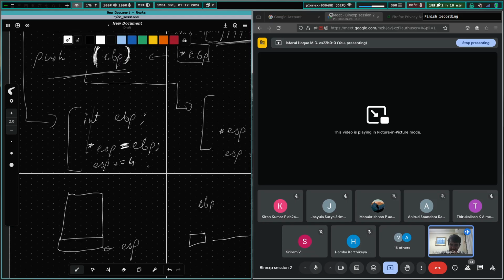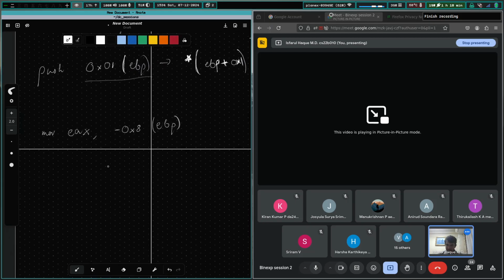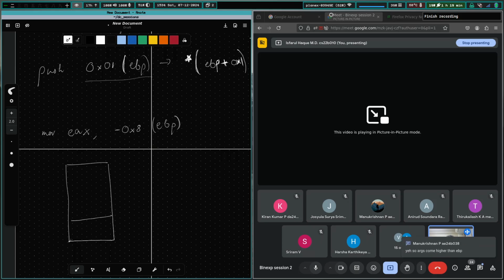Once again, guys, I think you people forgot again. Higher memory addresses on the top. So you have the stack. Args come higher than EBP. True. This is a variable then. This is a local variable. Yeah, Manu, you're right, but this is a local variable.